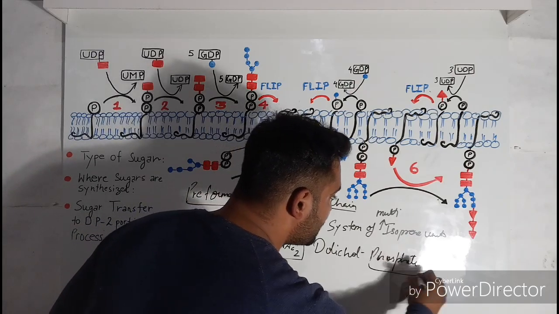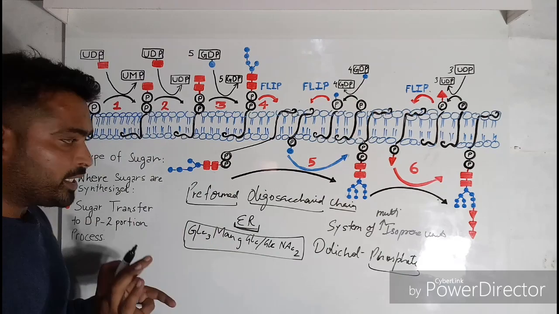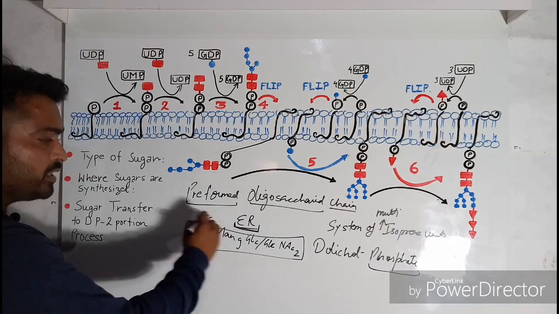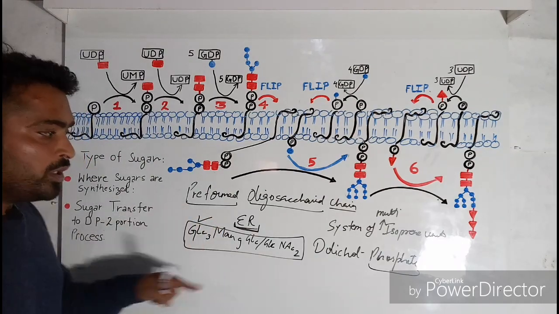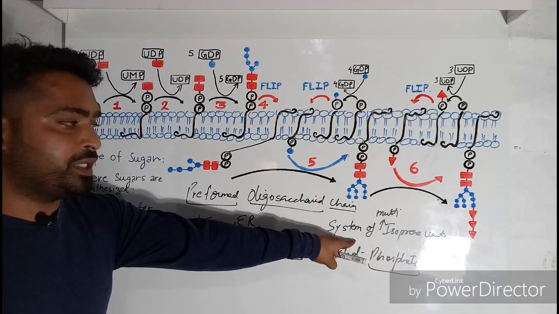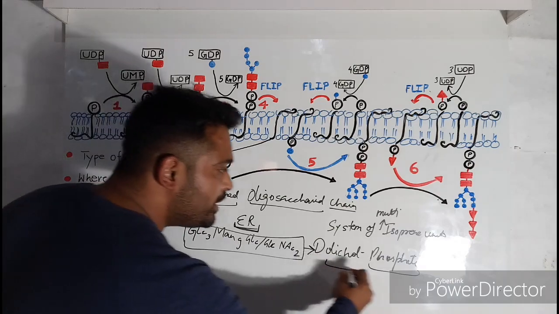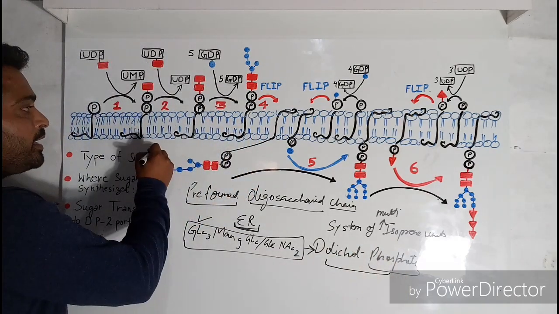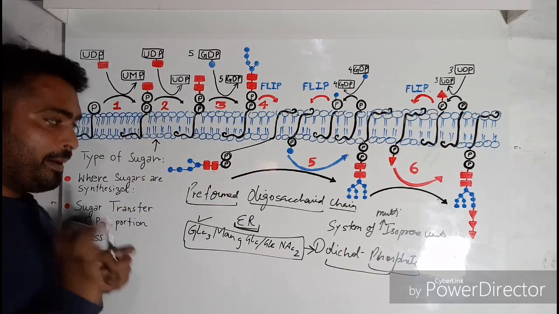So what I just said, there is a preformed oligosaccharide, which is this one, and this is attached to Dolichol phosphate, which is a system of isoprene units, and this Dolichol phosphate is present in the ER membrane.